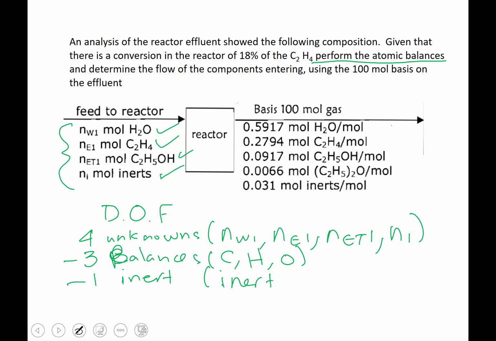Or we'll put them all together. So now we have 4 unknowns, and we have 1 inert. But we also have an additional piece of information, which is the fractional conversion.